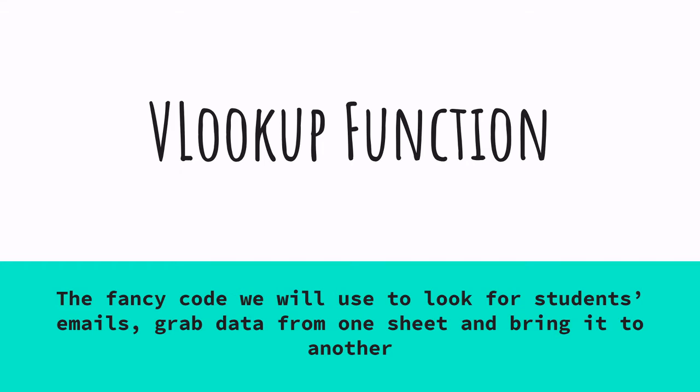The last thing, and maybe the most complicated thing, but if you've done any coding or any work, or if you just like computers in general, I think this will make sense with some explanation. This is the VLOOKUP function that we're going to use to do the job we want done today. This is fancy code that we'll use to look for students' emails in one sheet, grab that information from that sheet, and then bring it over to the other one in the way that you want it to look.